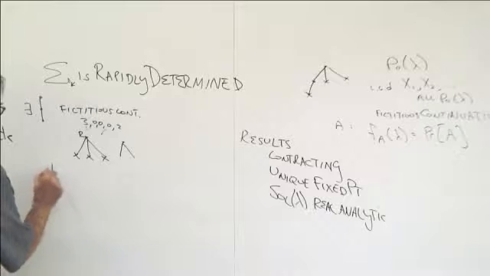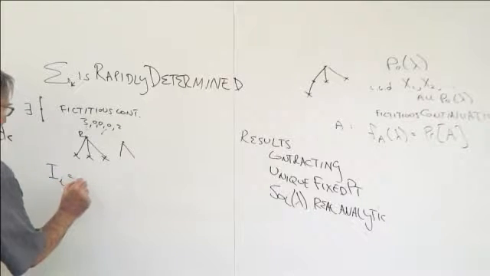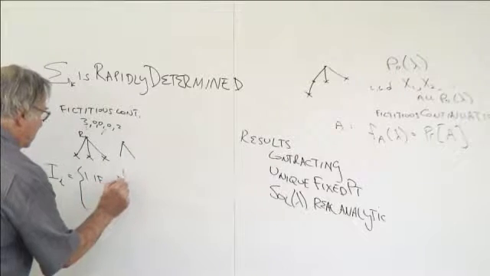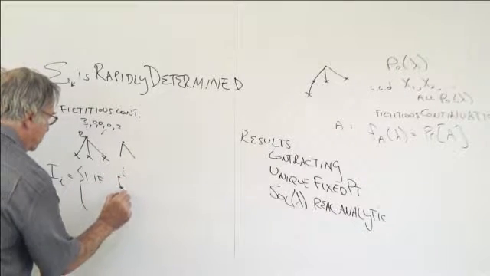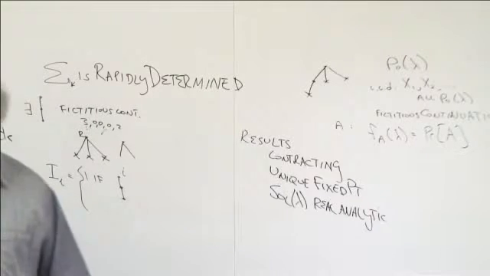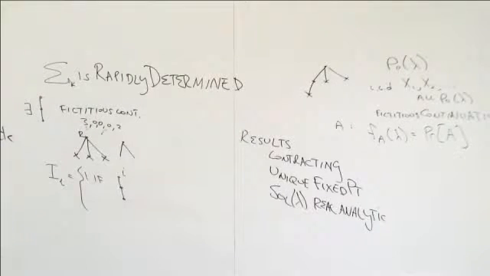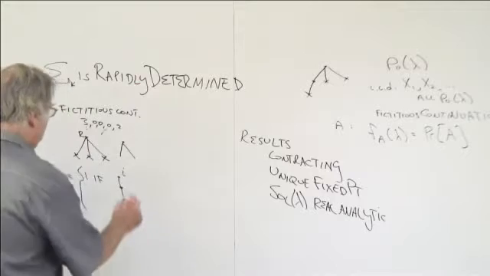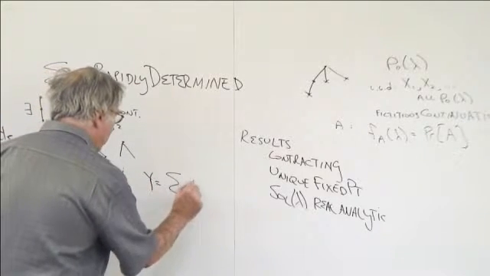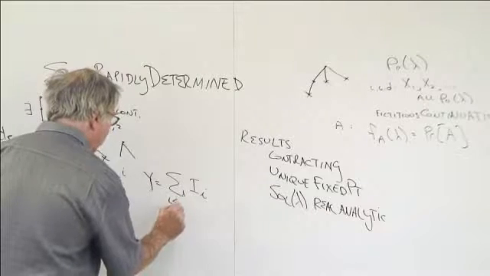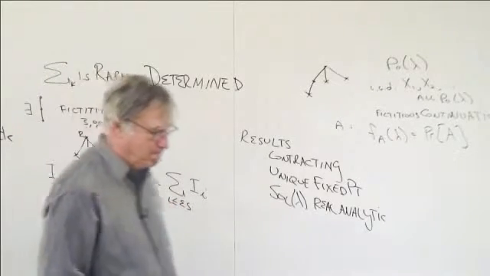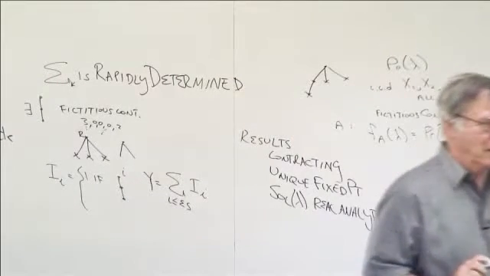We let I sub I equal 1 if I has exactly one child, which has exactly one child, and we're going to let y be the sum of I sub I for I less than or equal to epsilon s. Here's a little technical part.